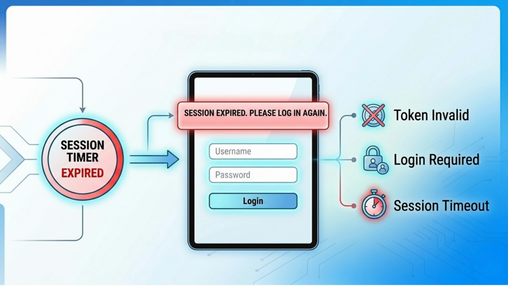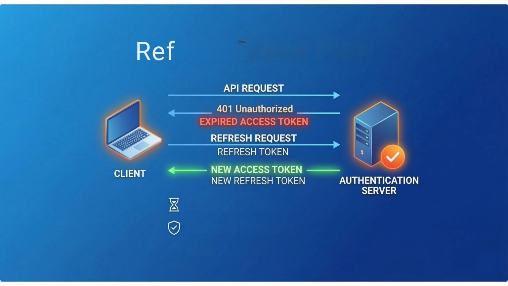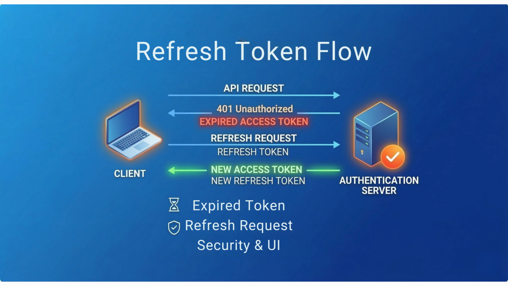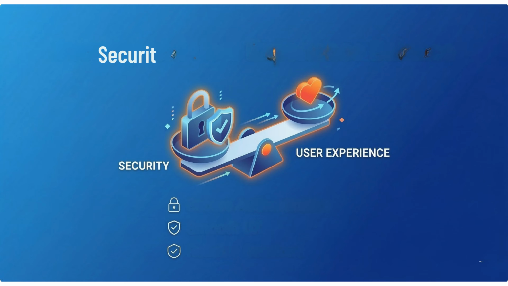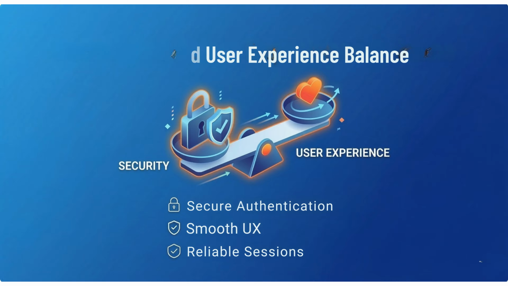When the access token expires, the refresh token is used to request a new access token from the server. This process happens automatically in the background. The user stays logged in without noticing anything. This improves both security and user experience.